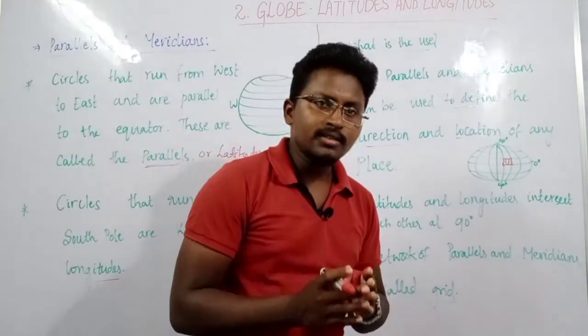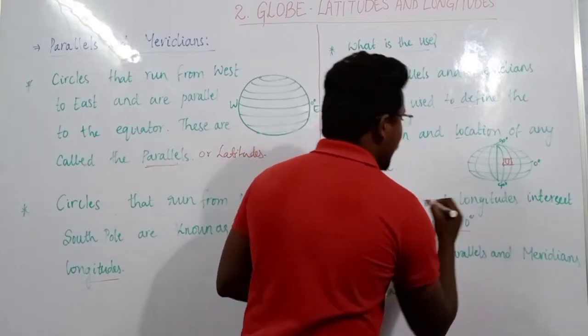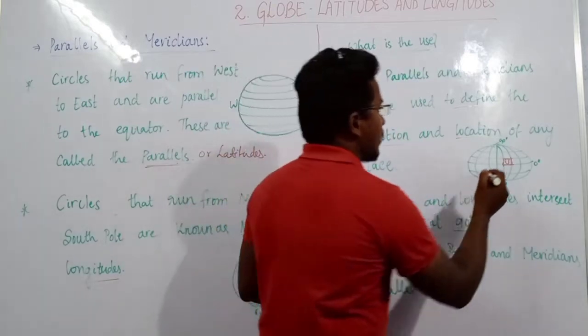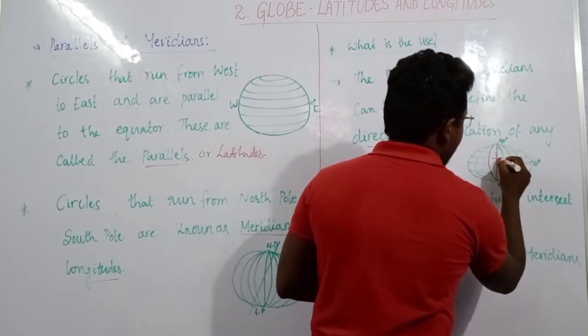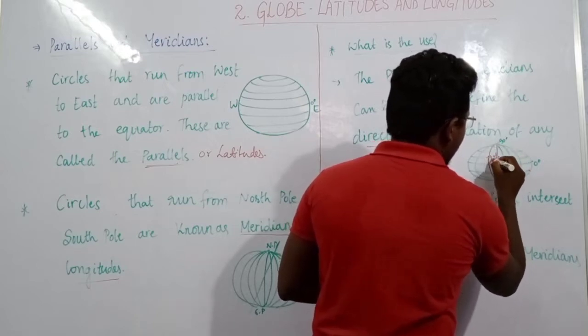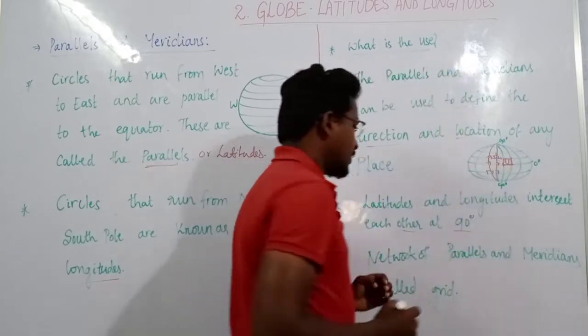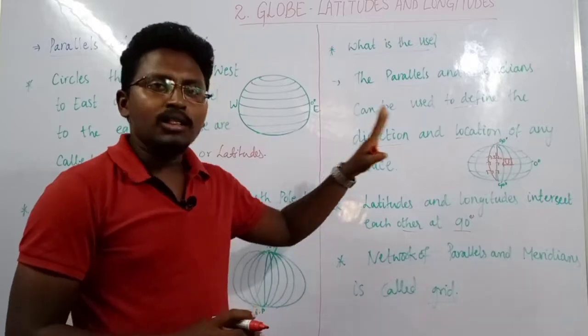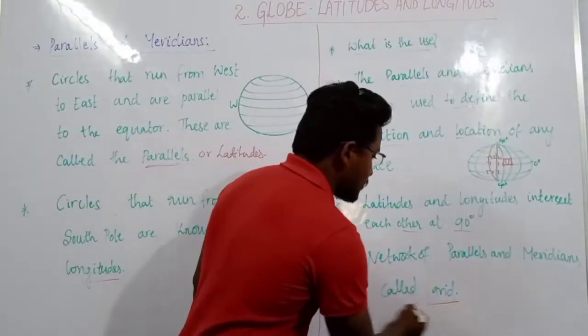And all these latitudes and longitudes intersect each other at 90 degrees. You see, suppose these are longitudes and these are latitudes, all are intersecting each other at 90 degrees, wherever you see. And this whole network of parallels and meridians we call the grid.